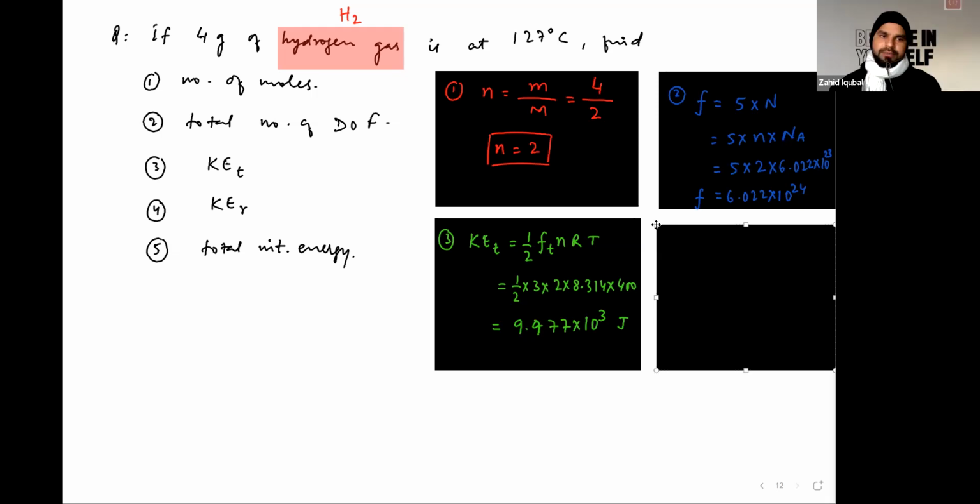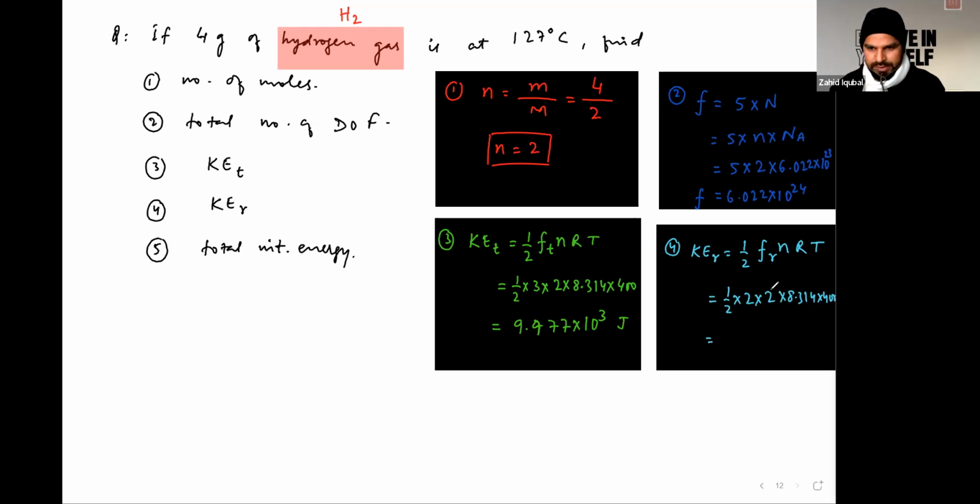Similarly, if you have to calculate rotational energy, the kinetic energy due to the rotational part will be half times the number of degrees of freedom along its rotational motion, times number of moles, R into T. So it will be half times the rotational degrees of freedom, which is 2, number of moles is 2, universal gas constant 8.314 multiplied by 400.